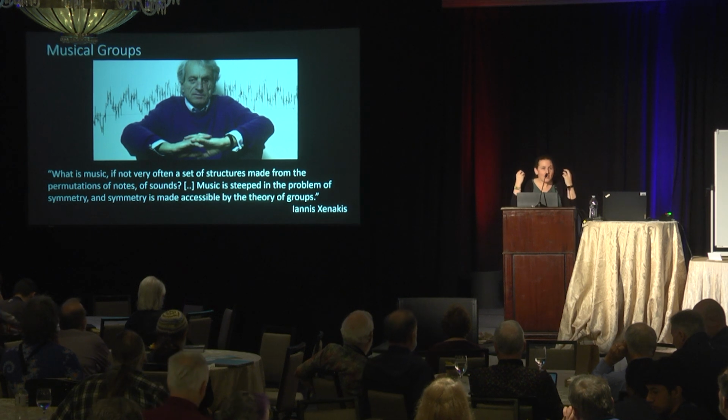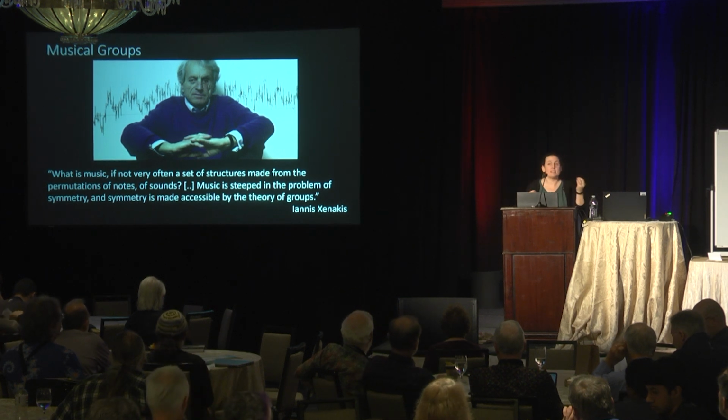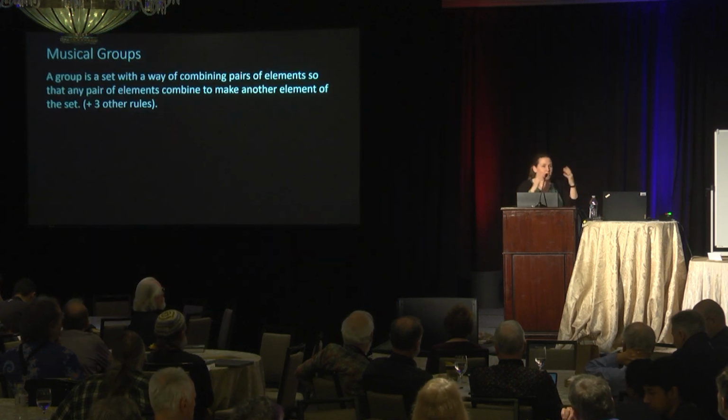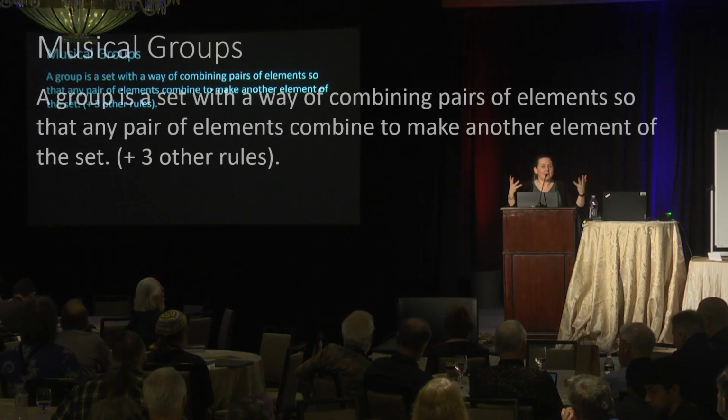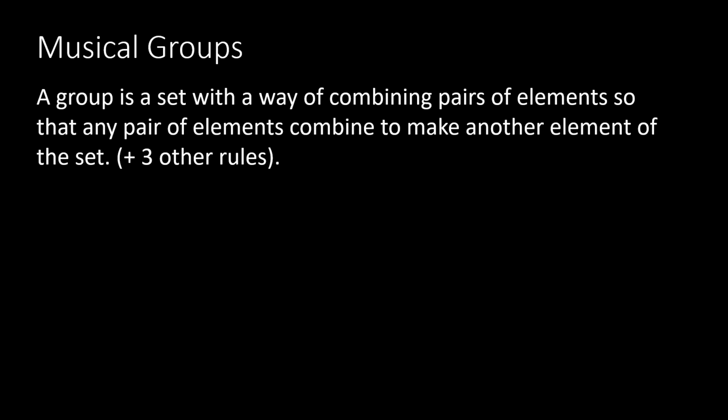So symmetry, every time you have a symmetry of any kind, you get these things, groups. I know there's lots of people here who know all about groups. I'm not going to give you a lengthy disquisition on what groups are, but just in case you don't know, a group is a set, but it's a set that's active. It doesn't just sit there being a set. You can combine elements of the set. There's a way of combining pairs of elements, and the outcome is something else that's in the set.